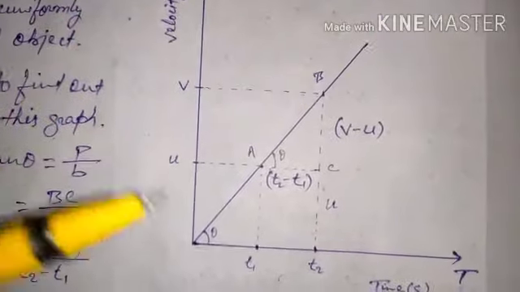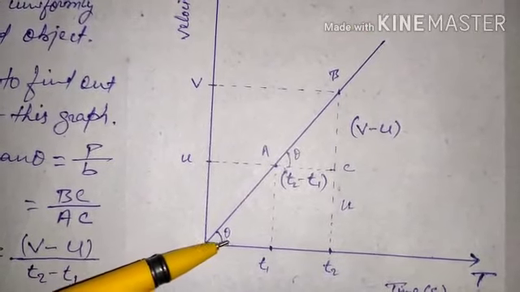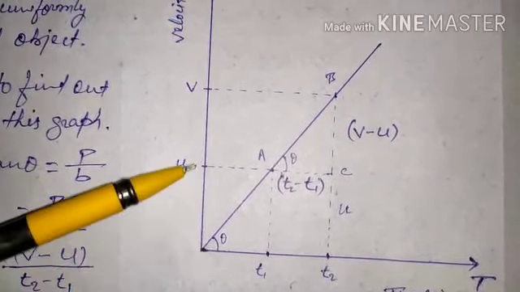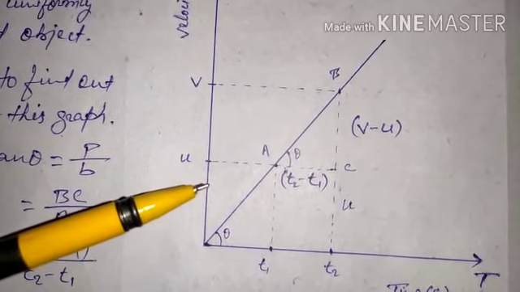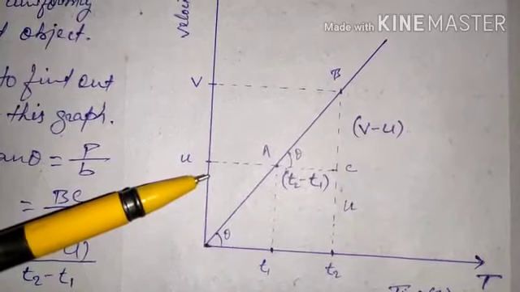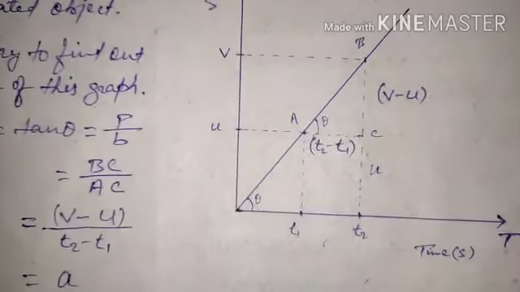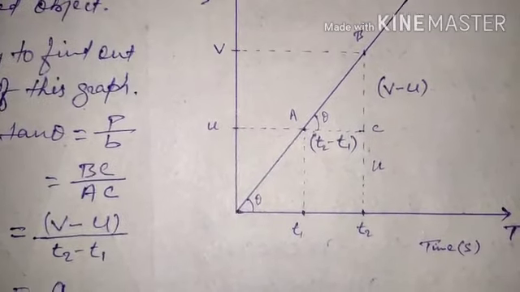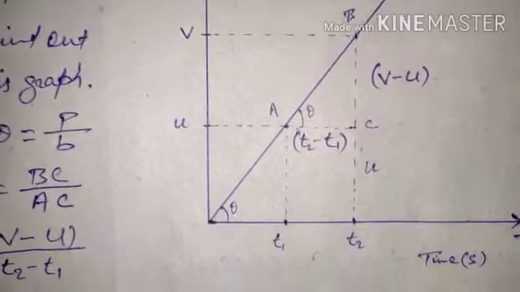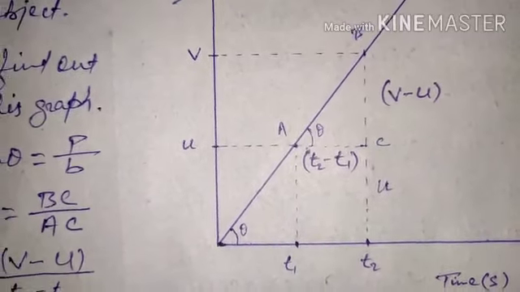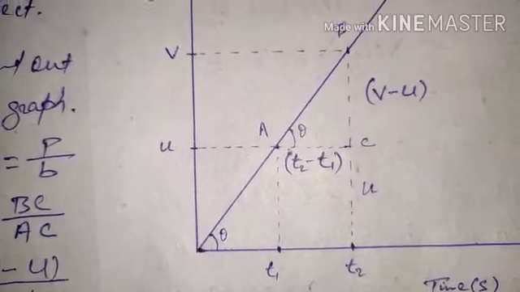This shows that as the time changes, the velocity will also change. Like in 1 second the velocity will be 2 meter per second, then in the next second it is going to be 4 meter per second, and in the third second it is going to be 6 meter per second, and so on.